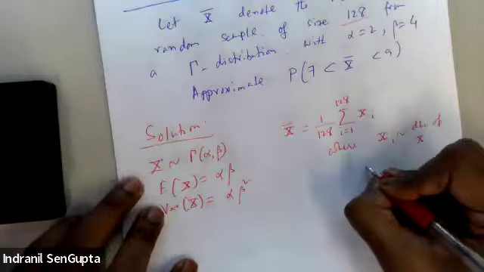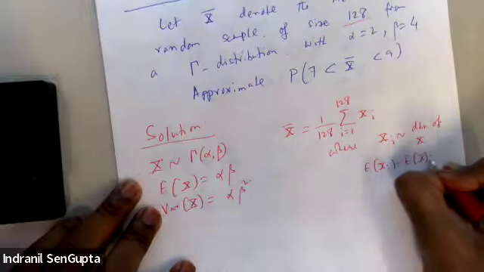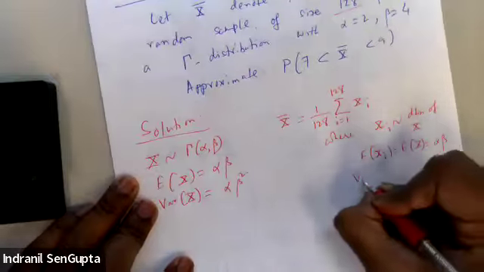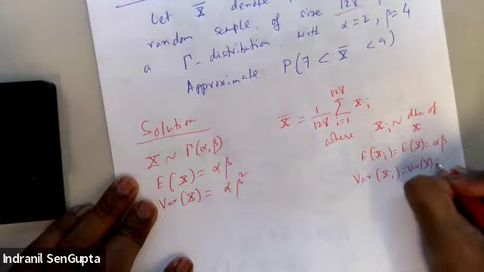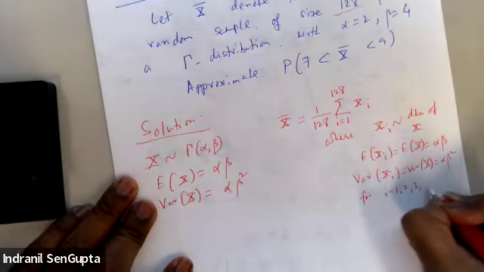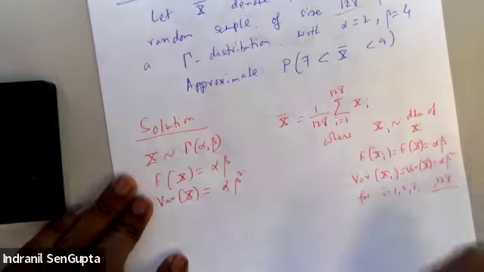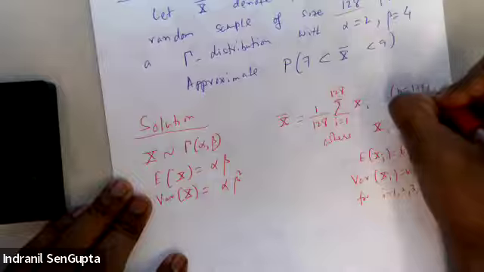So that means E of Xi equals E of X, which is alpha beta, and variance of Xi is variance of X, alpha beta squared, for i equals 1, 2, 3, up to 128. That is my n. So n is 128. That's the setup.